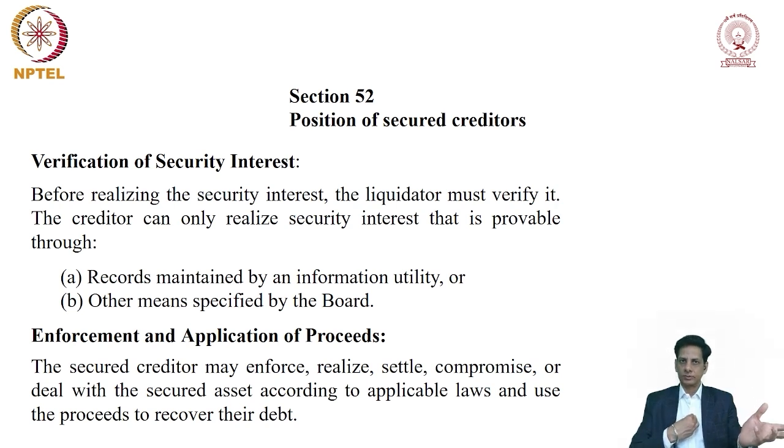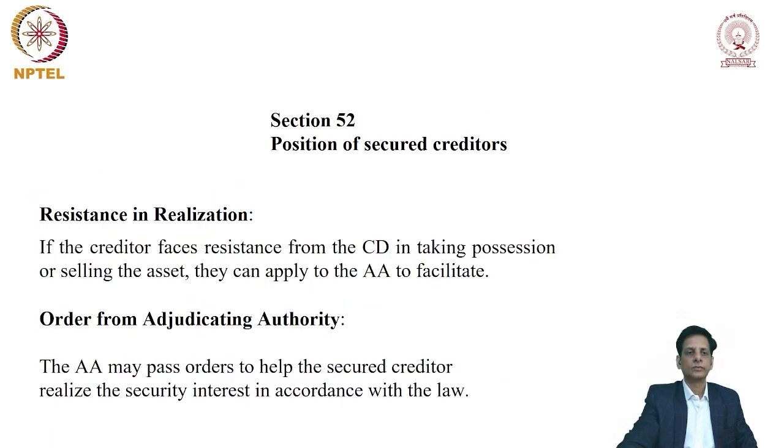This is one possible scenario. The other possible scenario is that I sold this asset for 10 crore, whereas my debt is only 5 crores. So one is a case of under recovery, other one is a case of excess recovery. What should be the consequence in both the cases? We will deal with that.